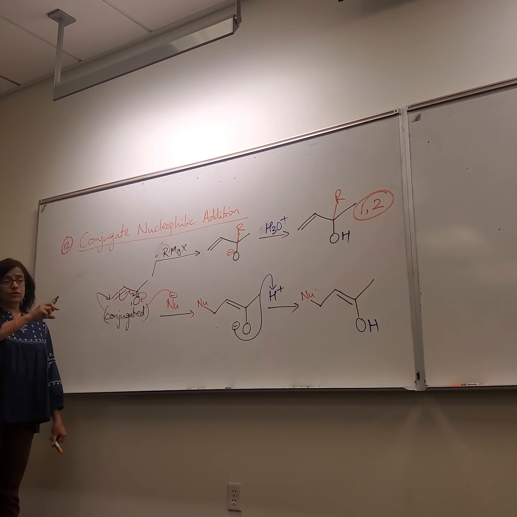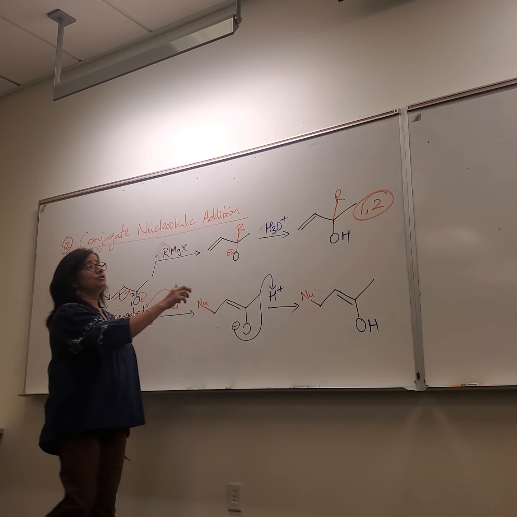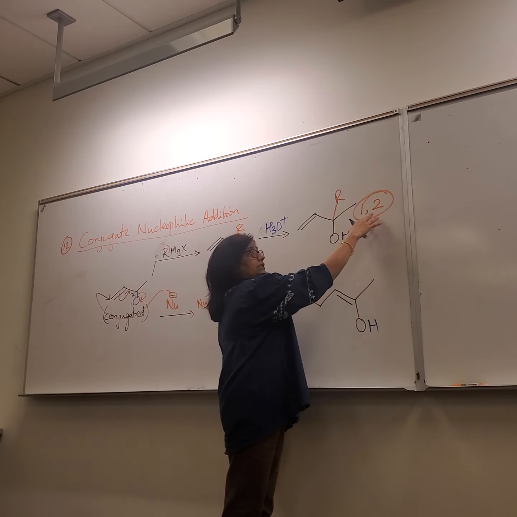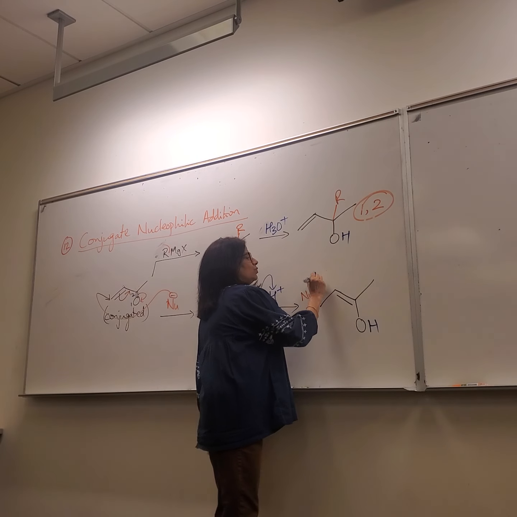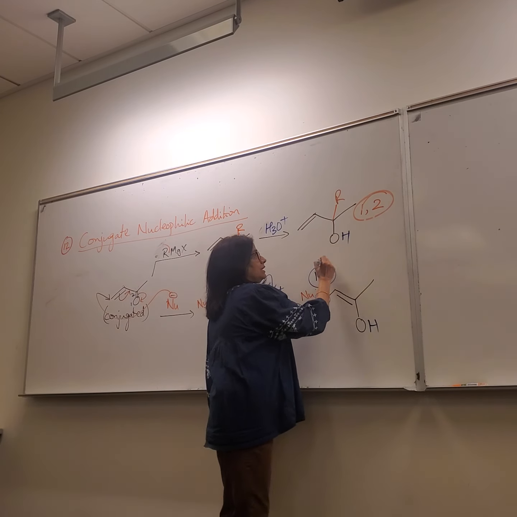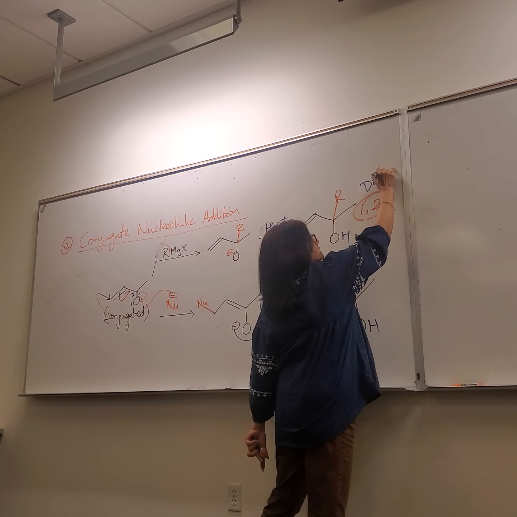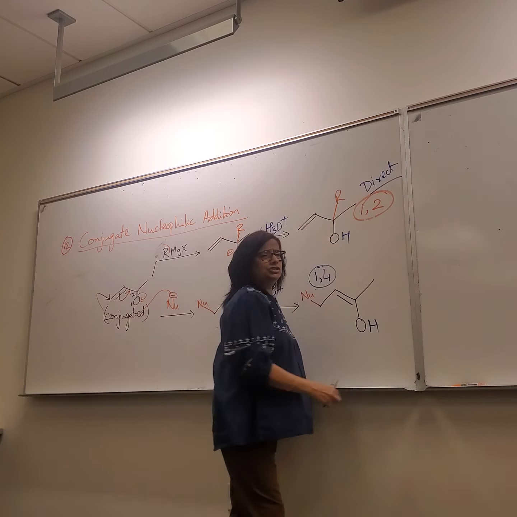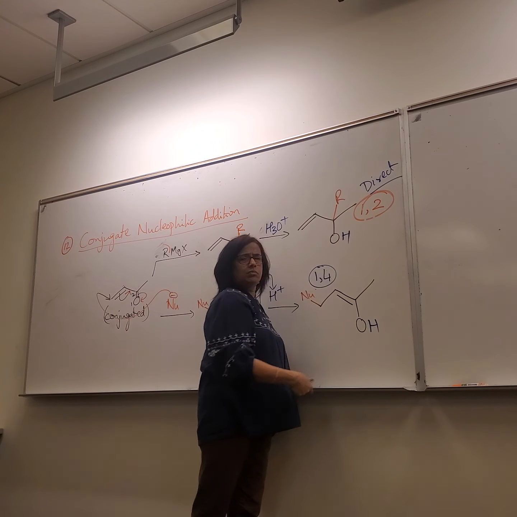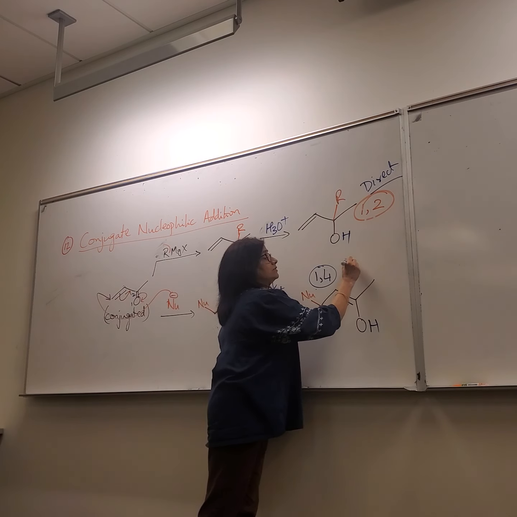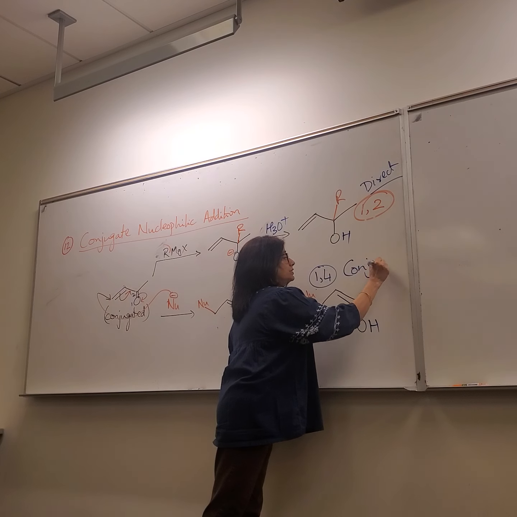So if we were using numbering, that was not 1,2 addition. What would you call this? Exactly, 1,4. This is 1,4 addition. 1,2 is a direct addition: nucleophile to the carbon, proton to the oxygen, direct on one pi bond. This is conjugate addition.